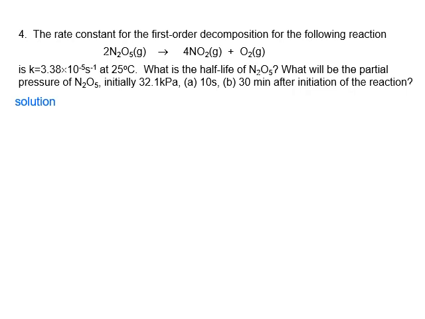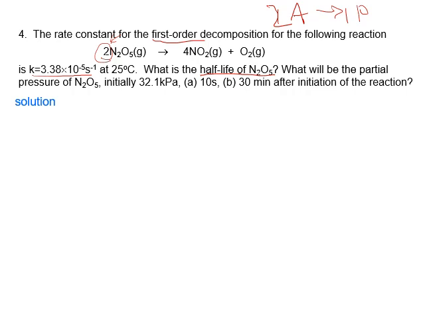Question number 4. It gives you a first order reaction, the rate constant, and asks you to calculate the half-life. Note that N2O5 has a coefficient 2. In class, we derived the first order reaction A goes to P, assuming the coefficients are all 1. But here you have a 2. Whenever you have a coefficient 2 in front of A, the reaction rate for A should be twice as fast as P and twice as fast as the rate of reaction.